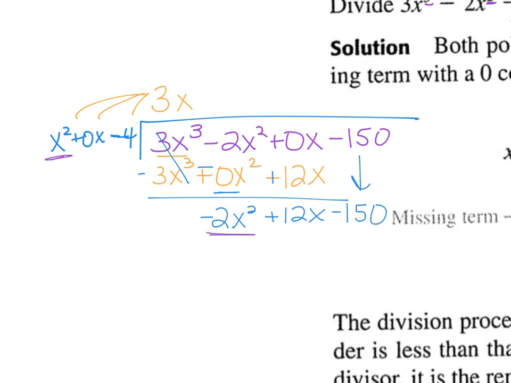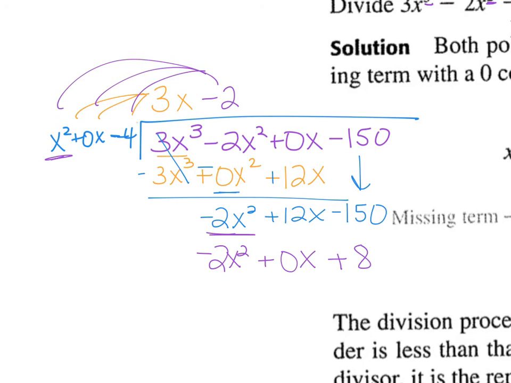First to first again, what would I have to multiply x squared by to get negative 2x squared, or what's negative 2x squared divided by x squared? And it's negative 2. Multiply it times each of the terms on the outside. Negative 2x squared plus 0x plus 8. Change your signs. These cancel. 12x minus 158.